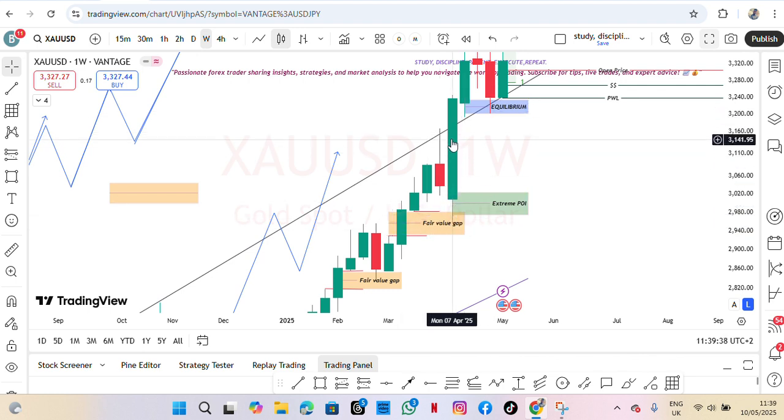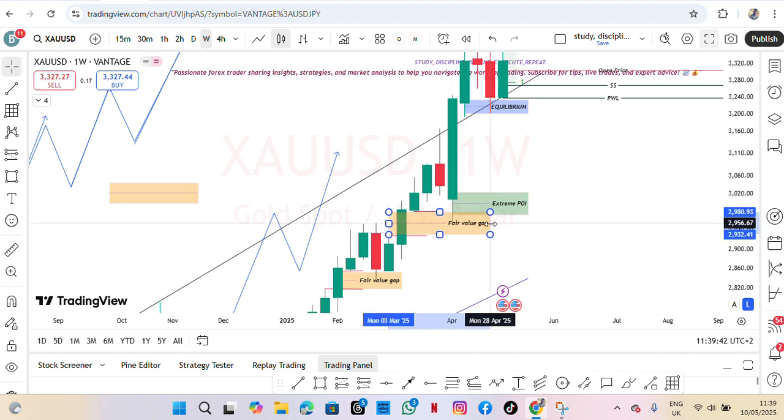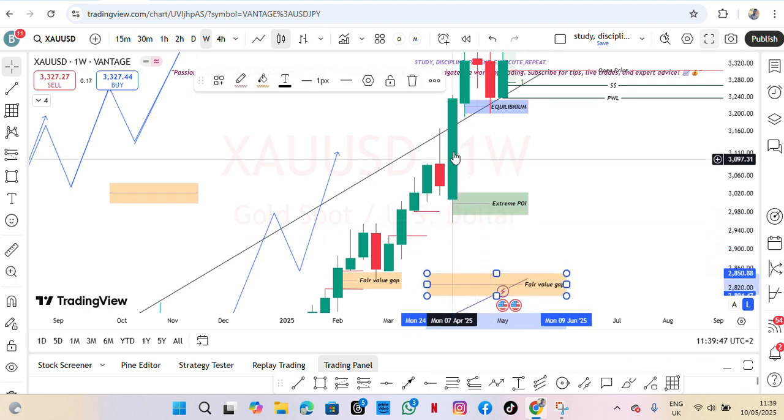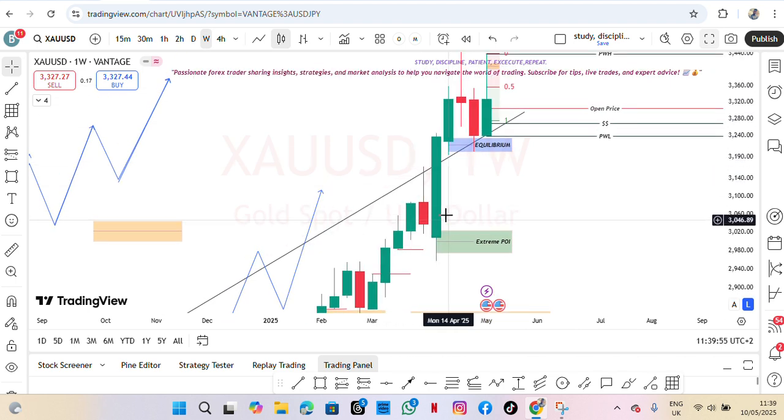But before the price continues, this bullish candle came into that gap first. We can see it clearly, right? This bullish candle came into this gap to fill it first, before displacing higher. So this is how we identify our fair value gap.